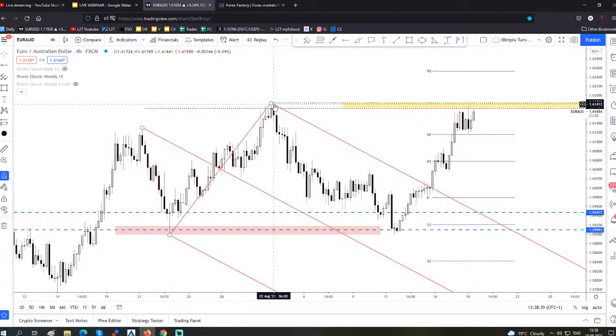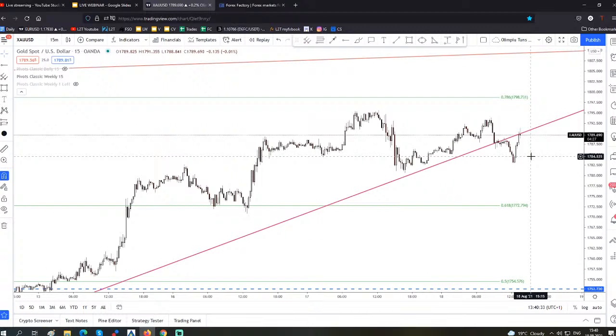Right now, after the Canadian inflation data, the price of gold, the yellow metal, has rallied, and it also increases because the DXY has decreased a little in the short term.